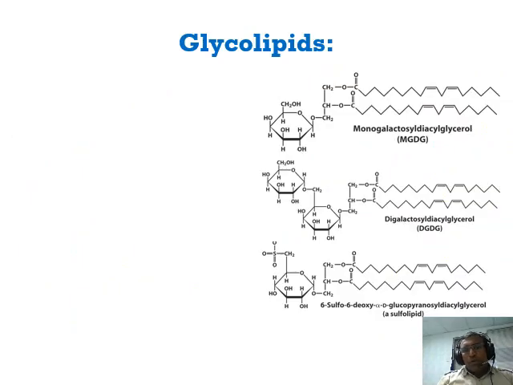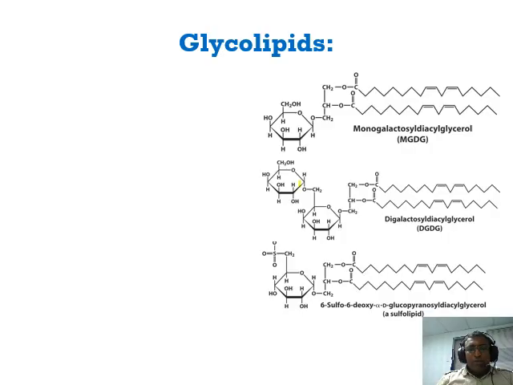So if just now we looked at phospholipid, now we look at glycolipid, where the phosphate group is not there, but in place there is something still considered to be polar because of the monosaccharide as well as disaccharide, or carbohydrate derivative type, contributes to the polar region.